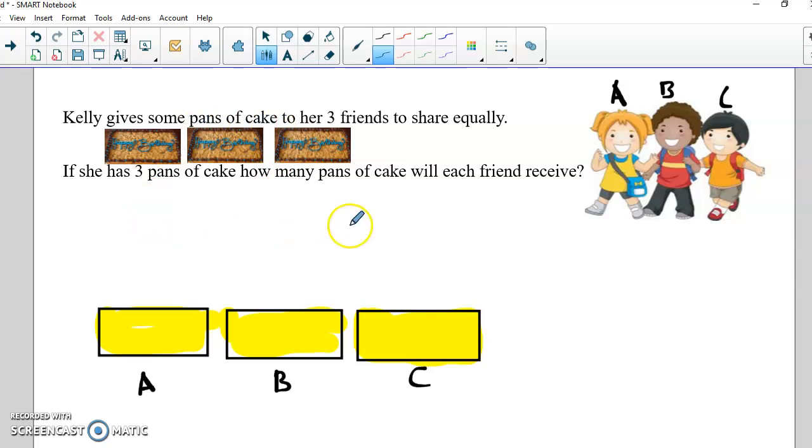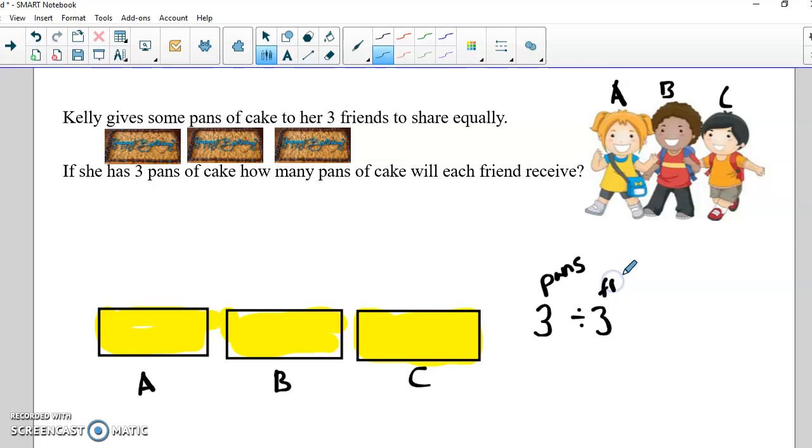Let's think about what we know in the problem. Well, I have 3 pans of cake. Remember, I want to make sure I'm labeling my equations so they match my picture. I have 3 pans of cake that I'm dividing equally amongst 3 friends.